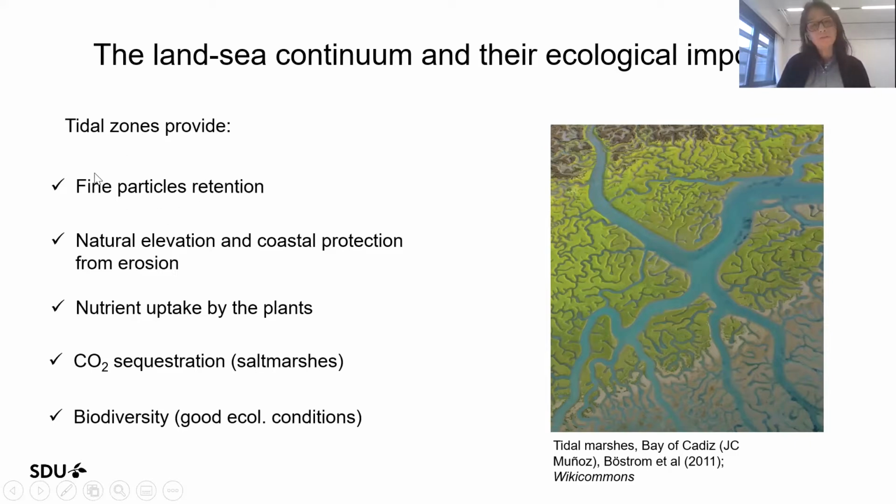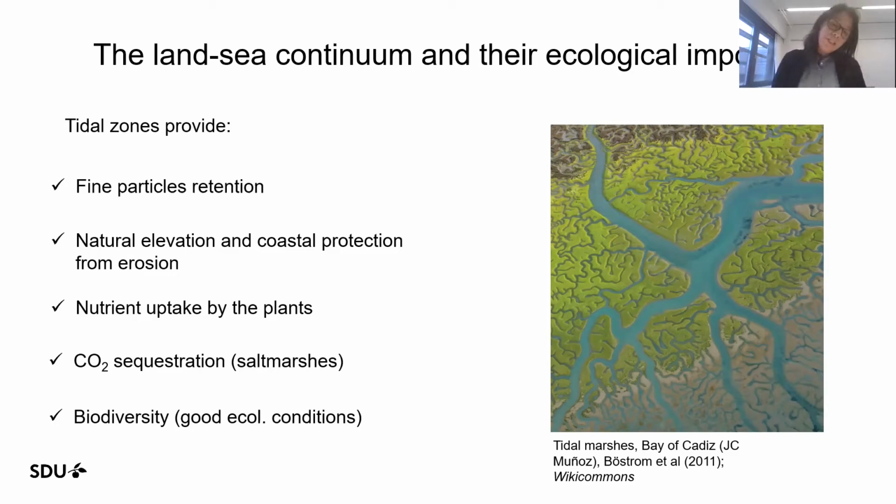They provide fine particle retention because some vegetation grows in these areas, which traps these particles, and because of that, there will be a natural elevation of this ground until a certain point where they will migrate seaward towards the water. And because of that, they offer some protection from erosion.